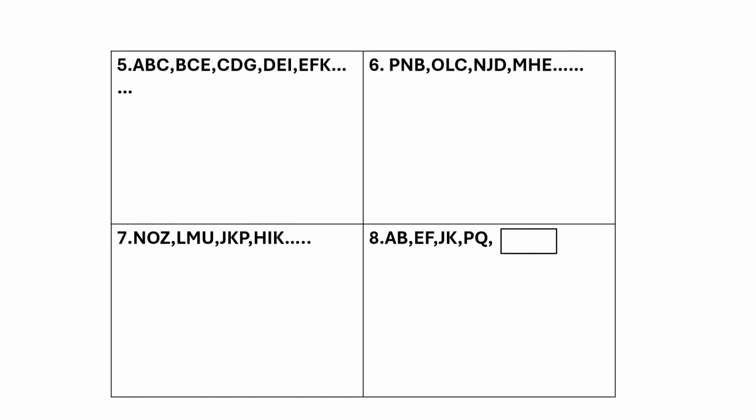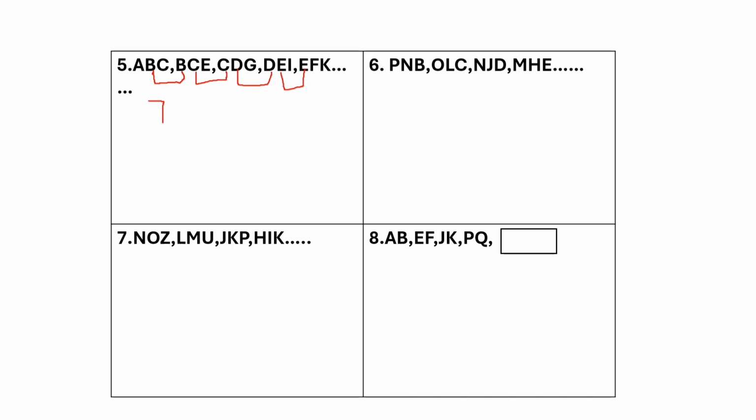Next question is A, B, C, B, C, E, C, D, G, D, E, I, E, F, K. By seeing that series, we can guess the first two letters of the next term. A, B is there, B ends here. So the second letter B is the starting letter of the second term, B, C, E. Here the second letter C is the starting letter of the term C, D, G. Likewise it continues.